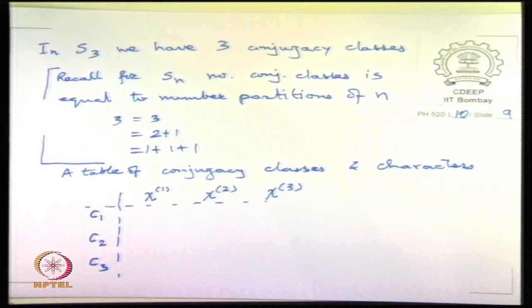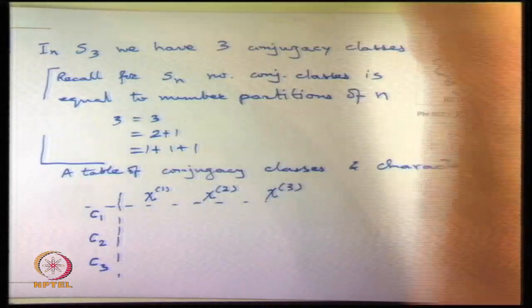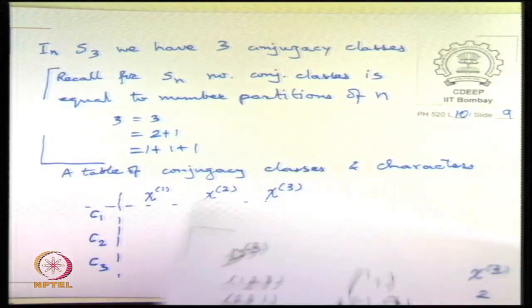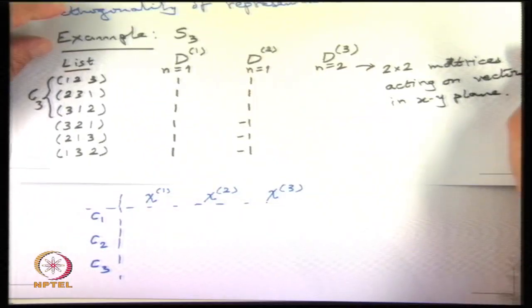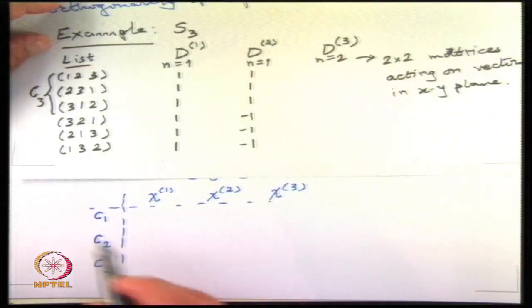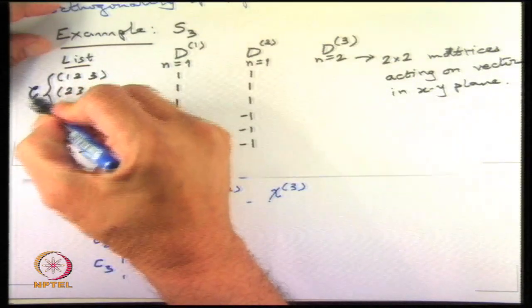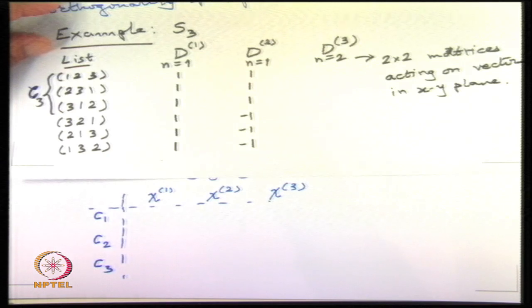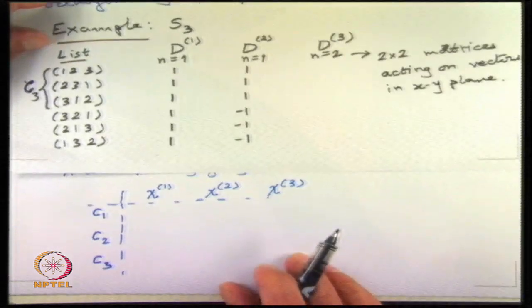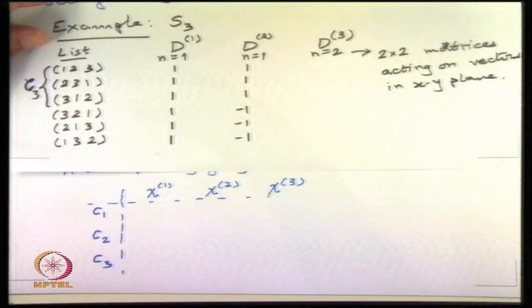So here C1 is the, so now we can read back and write down what the characters are. So I call, by the way, this is the curly C that represented the cyclic group of size 3.